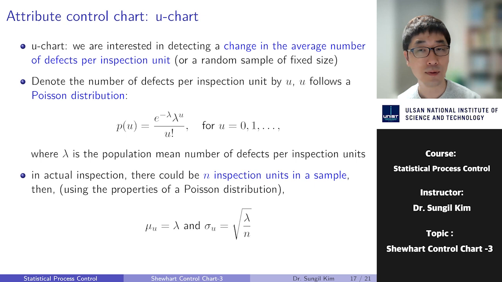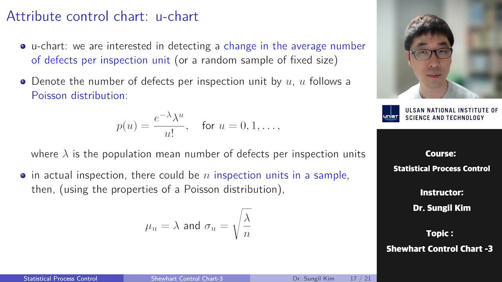The other attribute control chart is the U chart, which is interested in detecting a change in the average number of defects per inspection unit. The number of defects per inspection unit, U, is assumed to follow a Poisson distribution.